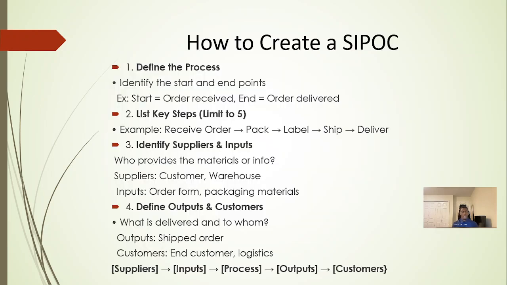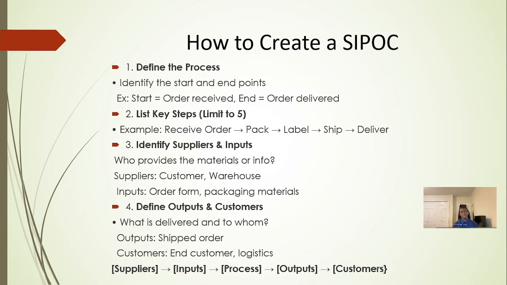So let's go for the next one. How to create a SIPOC? Ready to build one? Let's follow these steps. The first step is to define the process from the start to the end, for example, order received to order delivered.